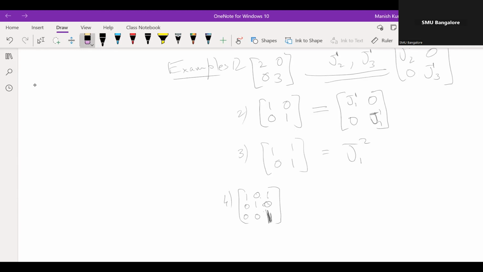What are the eigenvalues of this matrix? We can figure that out, right? Because the matrix is nice. The eigenvalues are just 1. So all the eigenvalues are 1.